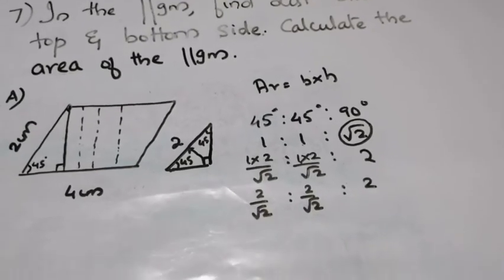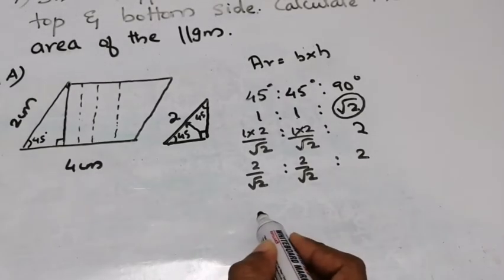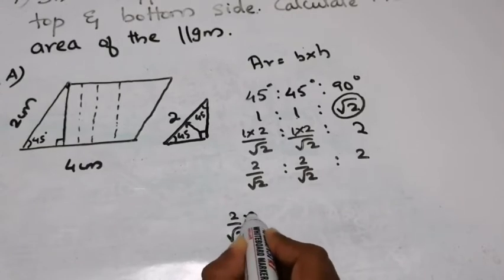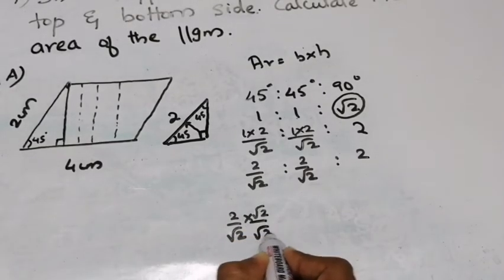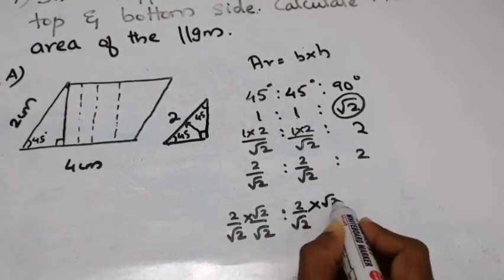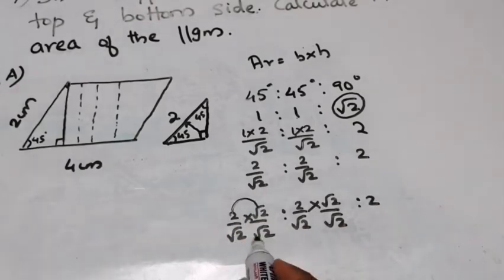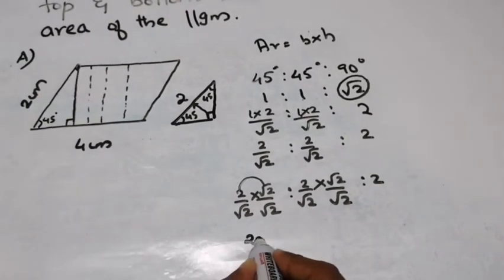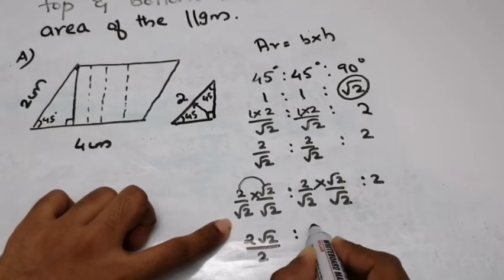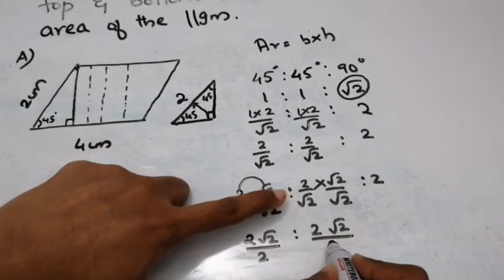Now as I told you in the previous class, whenever root 2 is coming in the denominator, it's better you change that. For that, you multiply 2 by root 2 into root 2 by root 2. Here 2 into root 2 is 2 root 2, divided by root 2 into root 2, which is 2.